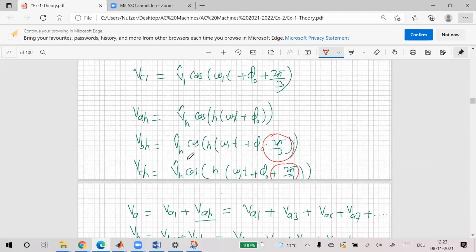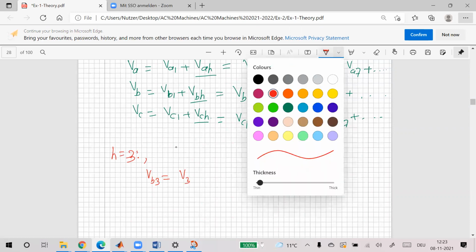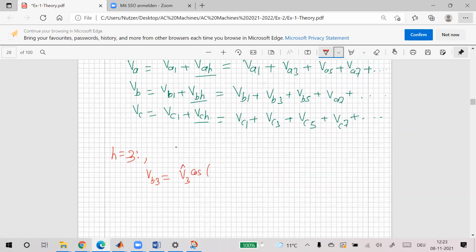So when H is equal to 3, your VB3 is going to be V3 cap cos(3 omega t plus phi naught minus 2 pi by 3), right? And if you solve this, what you can write is V3 cos(3 omega t plus phi naught), and then this becomes minus 2 pi.